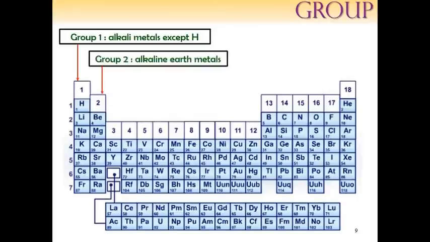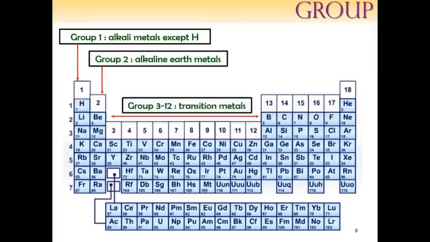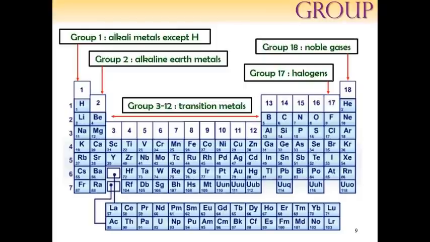Group 2 is alkaline earth metals. Elements in group 3 to 12 are known as transition metals. Elements in group 17 are known as halogens. And elements in group 18 are known as noble gases.